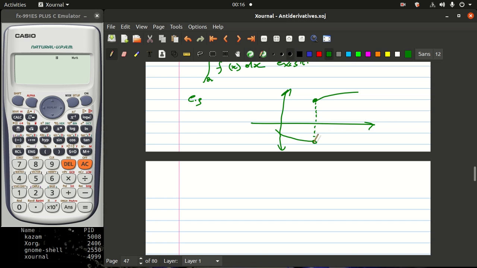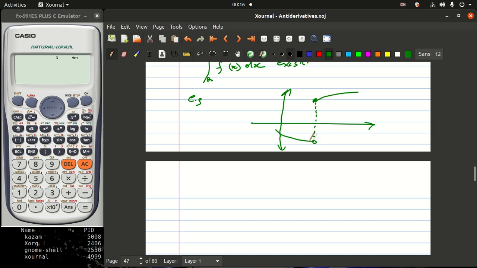You can see that I can draw up here, and then when I want to continue I have to jump and start drawing there. We only have this jump discontinuity. We are not talking about other discontinuities.